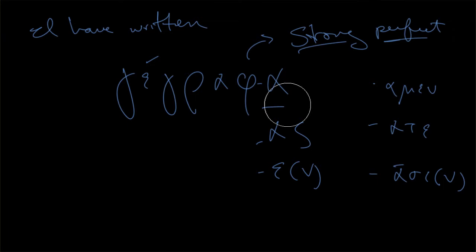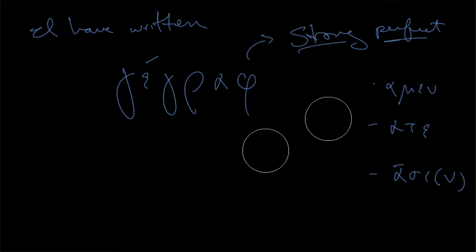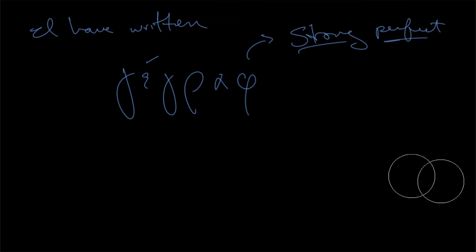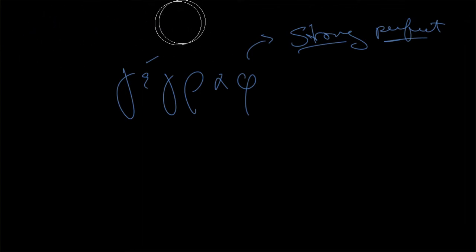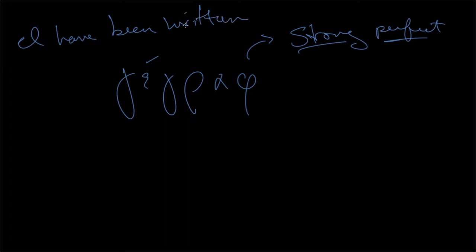Great. Well, now let's replace these active endings, I have written, with passive endings. And this isn't going to make too much sense semantically, but: I have been written. So you could say maybe we're talking about a story. I've been written about in books. There, that kind of makes sense.